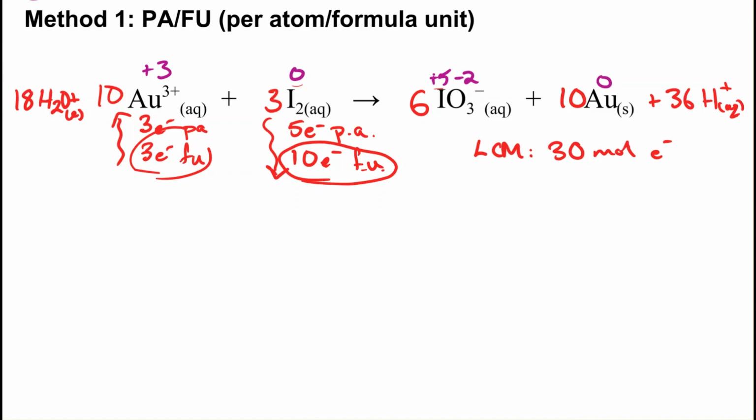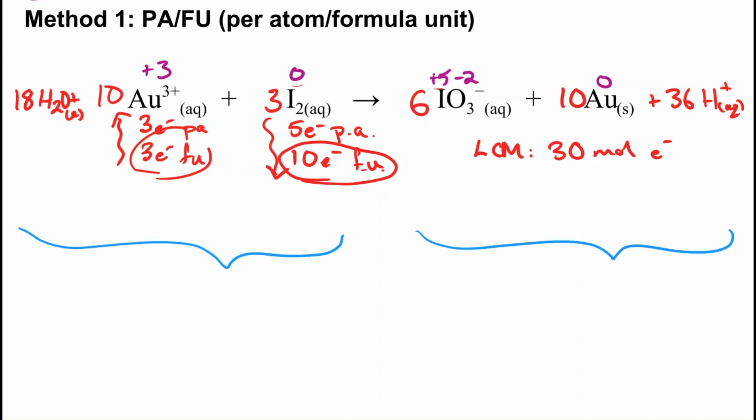Let's double check by adding up all the charges. All the charges on the left-hand side and all the charges on the right-hand side. 18 times 0 is 0, plus 10 times 3 is positive 30, plus 3 times 0 is 0.